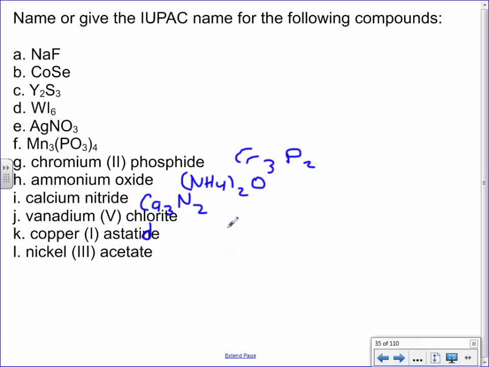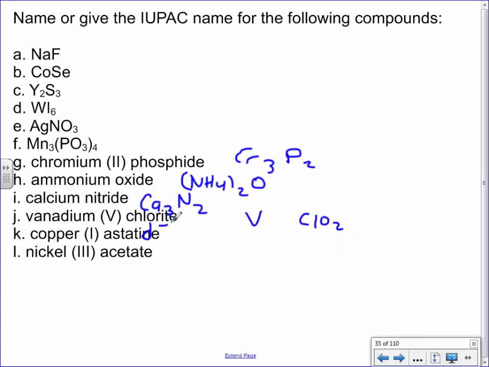Okay, this next one here, vanadium. Vanadium is a V, but that's not what this V in Roman numerals is. That V in Roman numerals is 5. That's telling me what charge of vanadium to use. Then chlorite is ClO2. So the next question is, do I need to put anything in brackets and double it up?